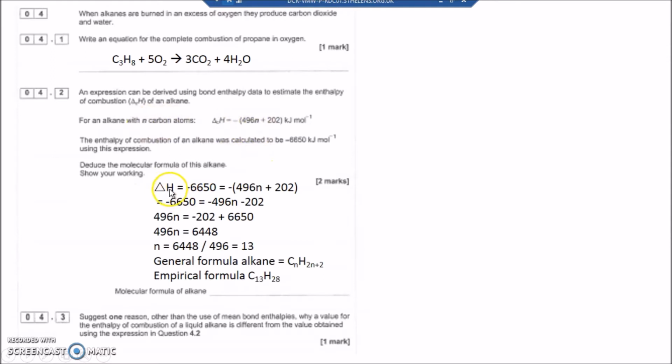N carbons, we've got to work out n. So let's have a look at this. Enthalpy of combustion equals minus 6650, and it equals this expression, minus (496n plus 202). You may know from maths that if there's a bracket, then the minus applies to everything throughout the bracket. So minus 6650 equals minus 496n, and that's a plus, but it gets a minus 202.